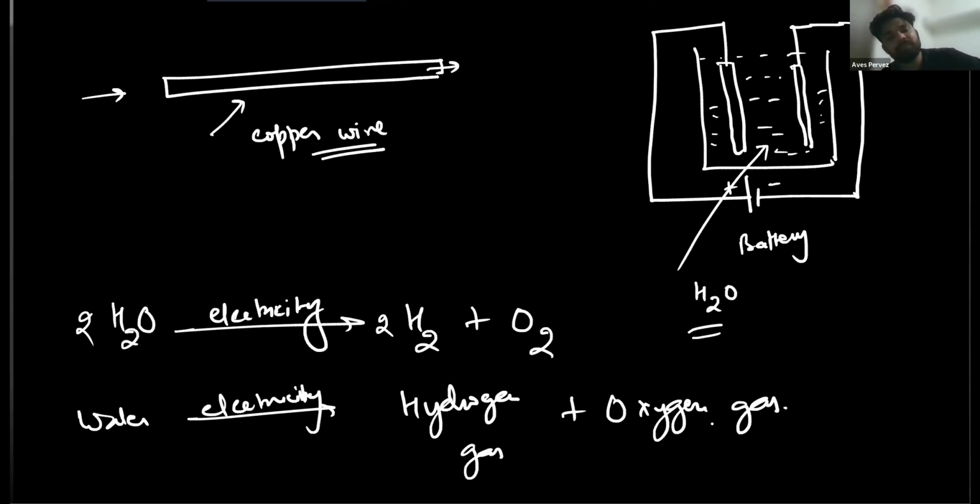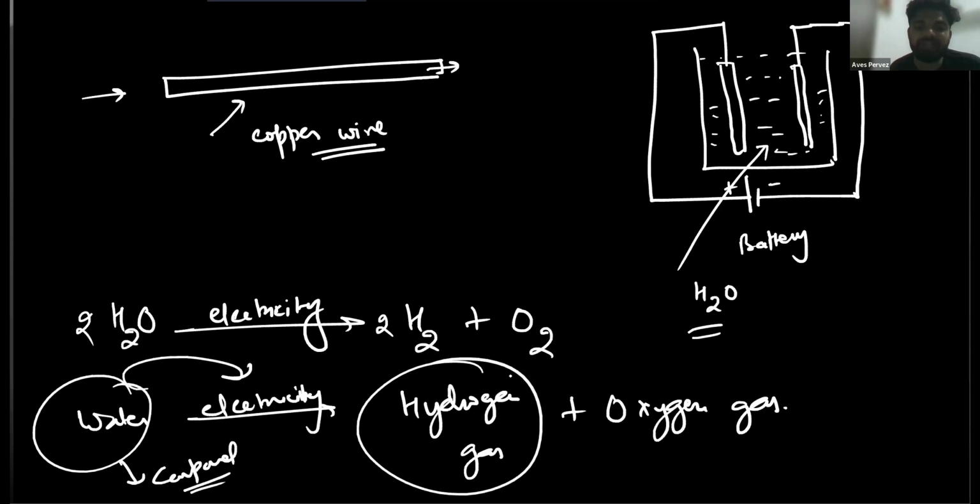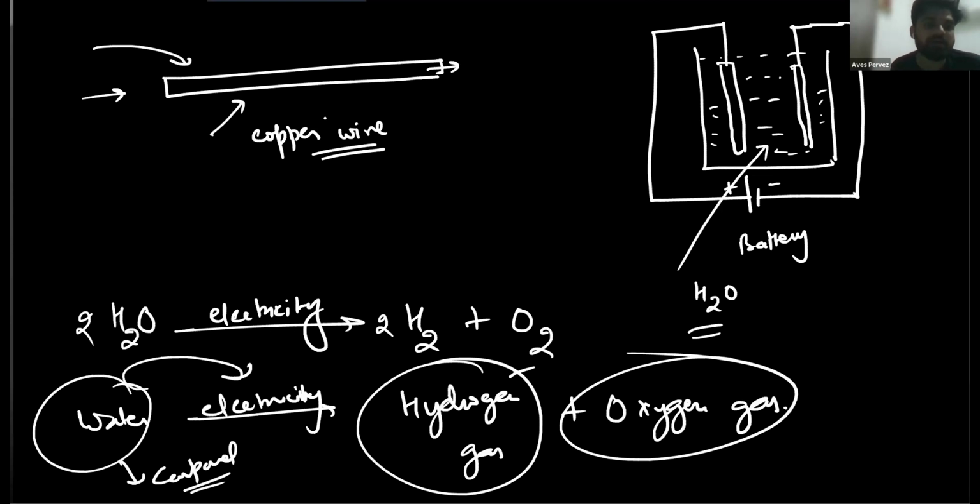What you need to understand here is that when you are passing electricity to a compound, water being a compound, it is broken into simpler substances like hydrogen and oxygen, from which it is made up. But when you are passing electricity to copper, which is an element, not a compound, nothing is happening.